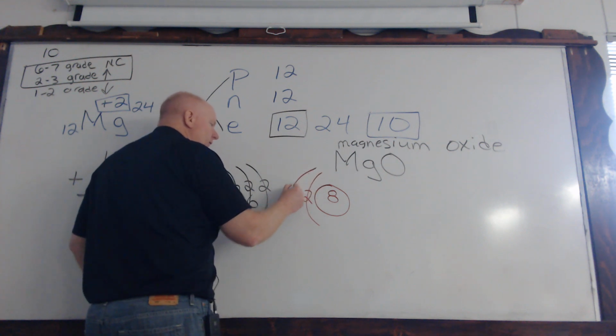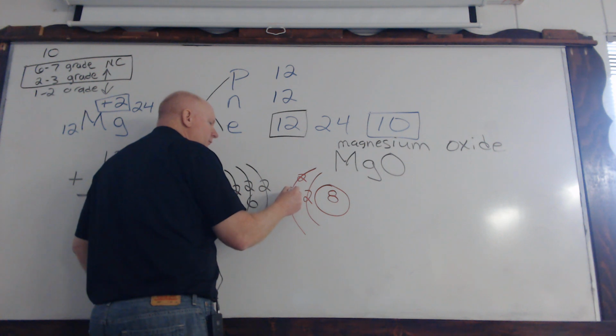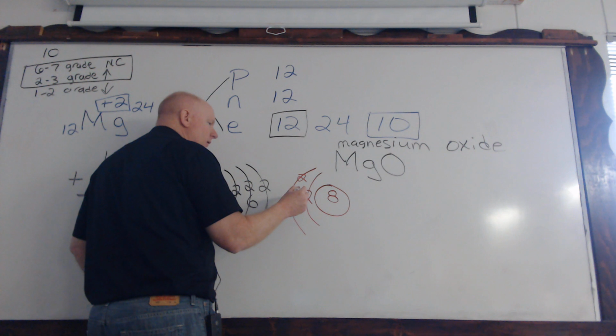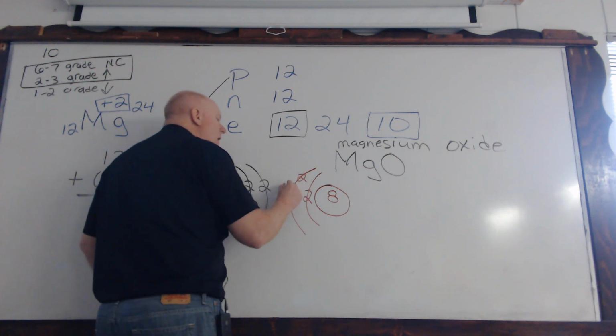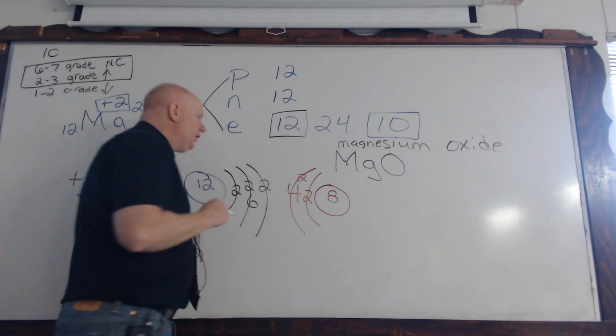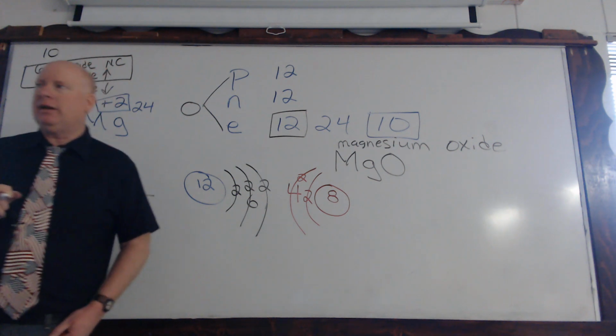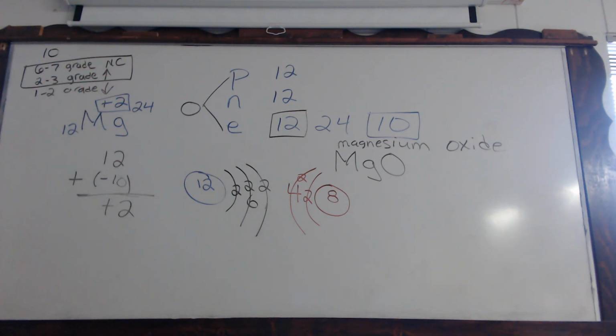Second energy level, 2, 4, 6. What might be human nature telling you to put a 6 in there? Because it can hold 6.